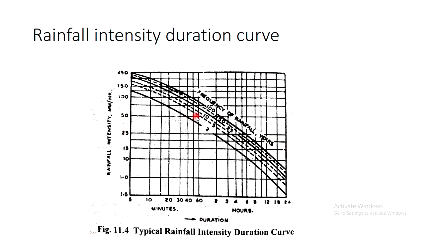For example, if 10 years is the frequency of occurrence of rainfall for a 60 minute duration, the intensity of rainfall is almost 60 millimeters per hour. So once we know the duration and the frequency of occurrence of rainfall, we can easily find the intensity of rainfall.